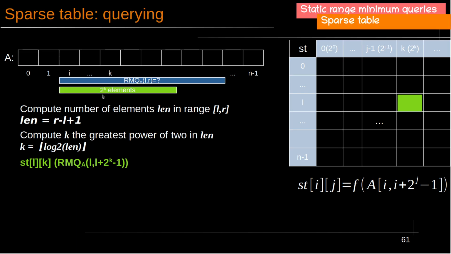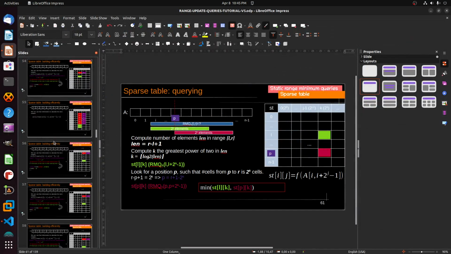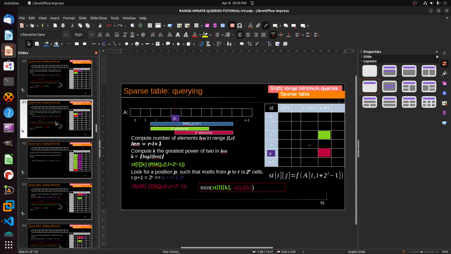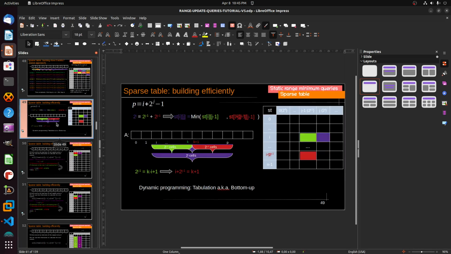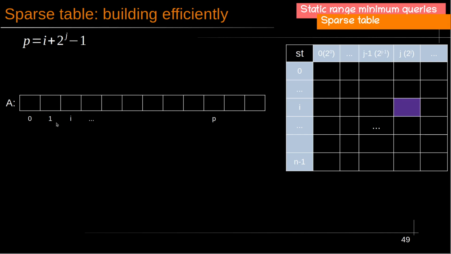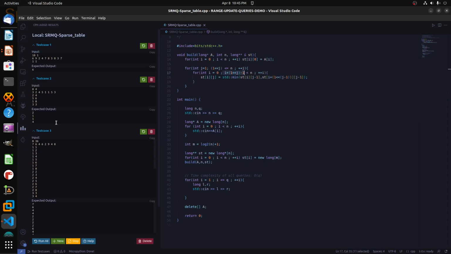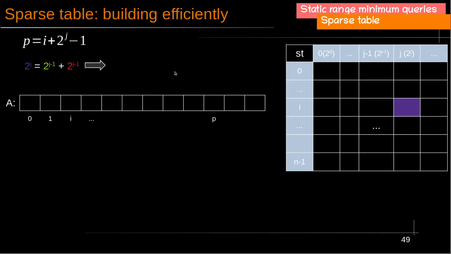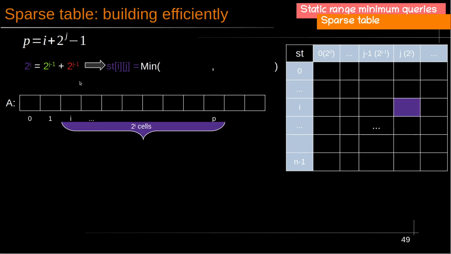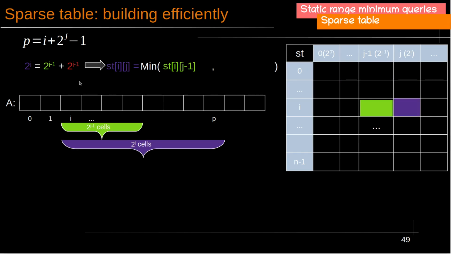We're still building, sorry, not querying here. We're going to use the previous column to compute the current column. So using this formula, that leads us to this one, as you have seen.